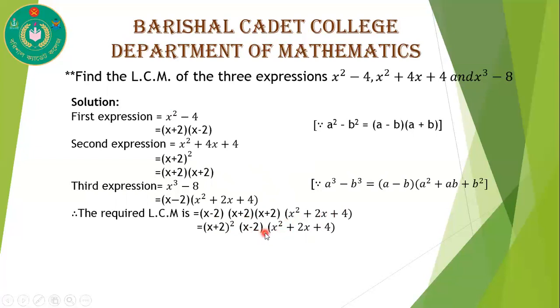Now, here we can see a minus b into a square plus ab plus b square. That's why we can write a cube minus b cube. X plus 2 whole square into x cube minus 2 cube, 2 cube means 8.